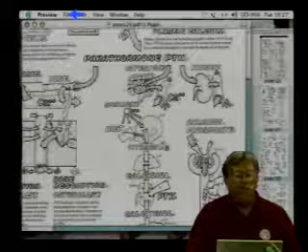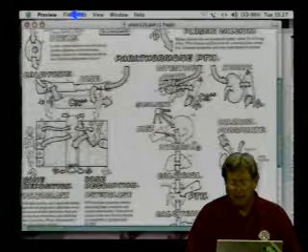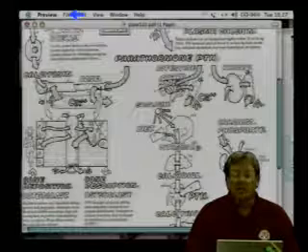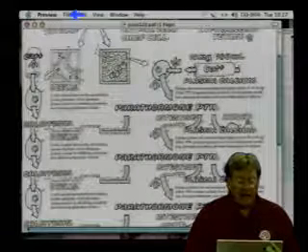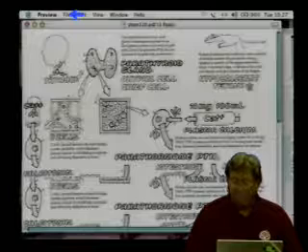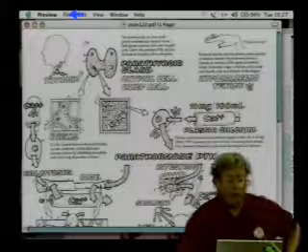Embedded in the tissue of the thyroid gland are another set of glands called the parathyroid. They have nothing to do with T3 and T4 production, but they are embedded in the thyroid tissue.